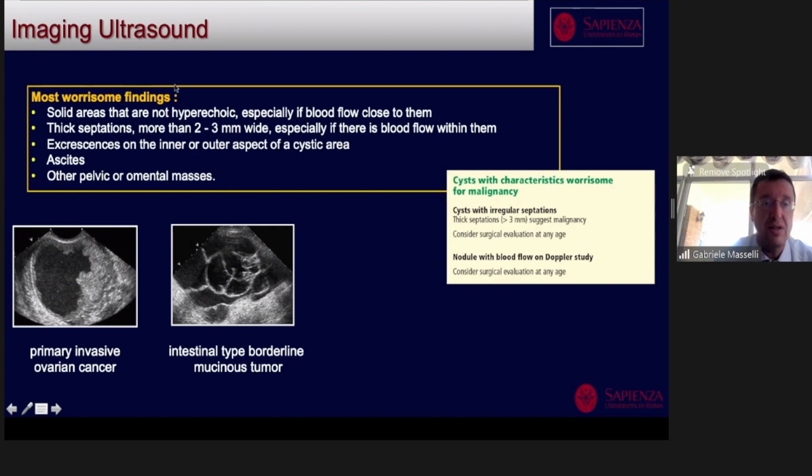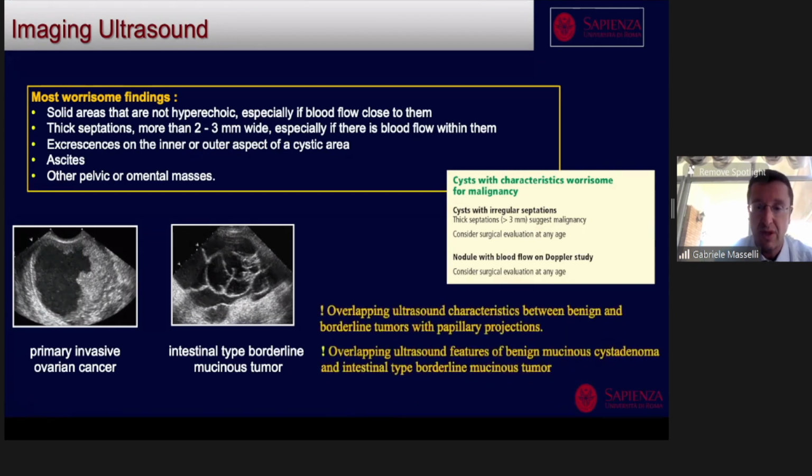But if you don't see most of these findings, it's not easy to differentiate benign from malignant in every case. There are overlapping ultrasound findings between benign and borderline tumors with papillary projections, and there are overlapping ultrasound features of benign mucinous cystadenoma and other borderline mucinous tumors.